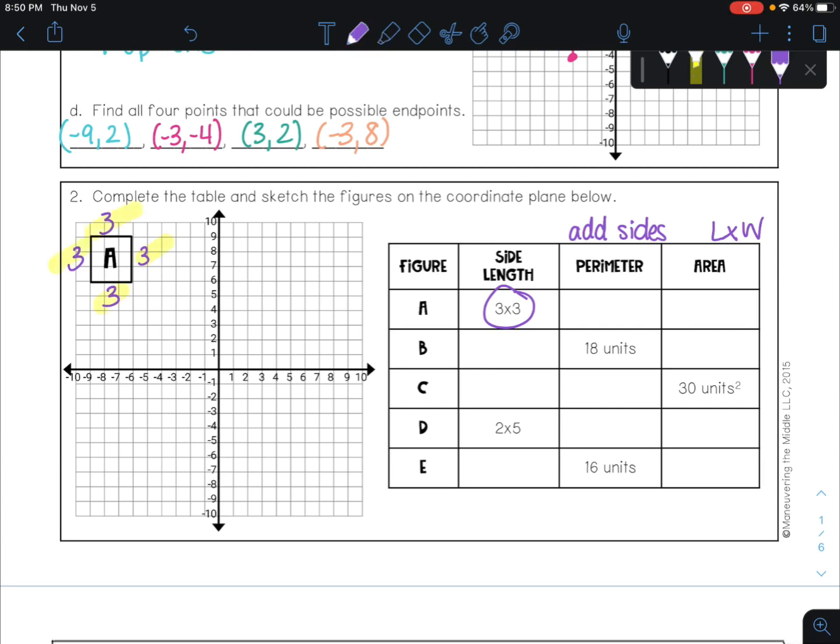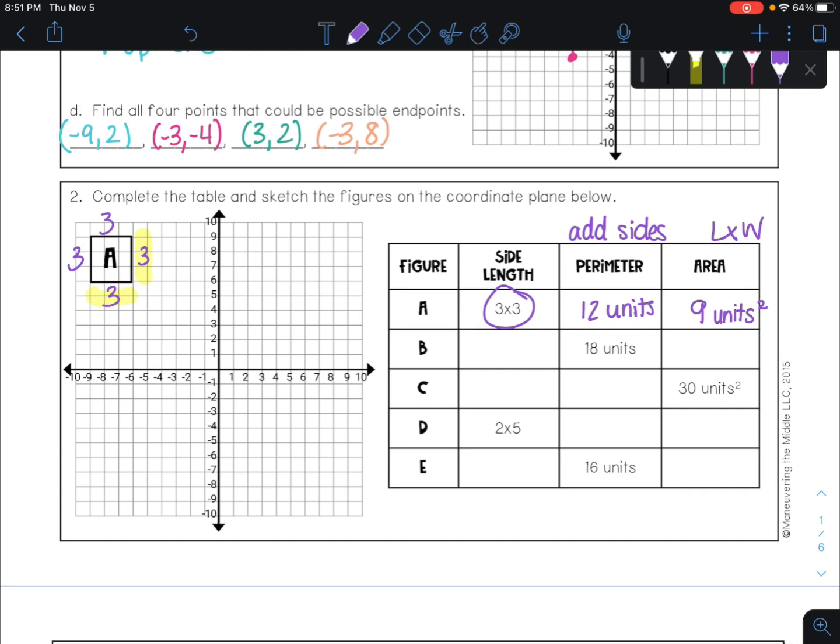That's going to give us 12. For the area, we're just going to do length times width. 3 times 3 is 9. And then we say units squared because it's 2 dimensions.